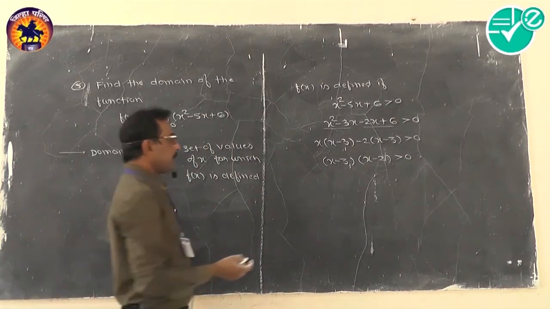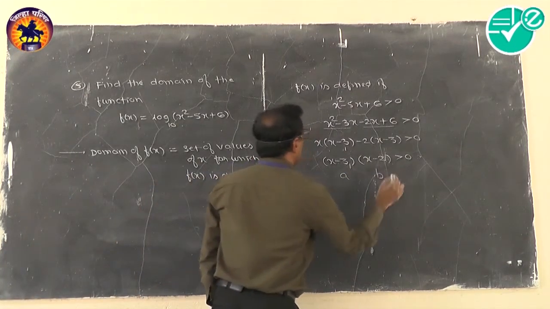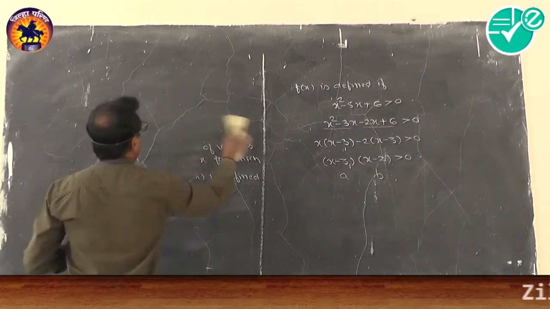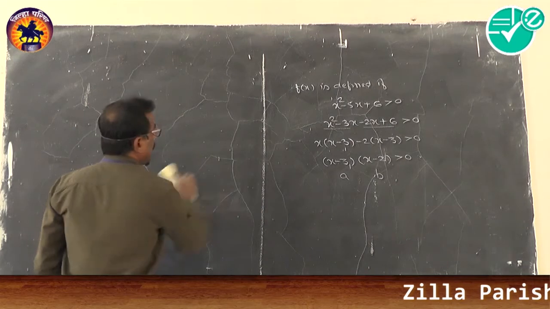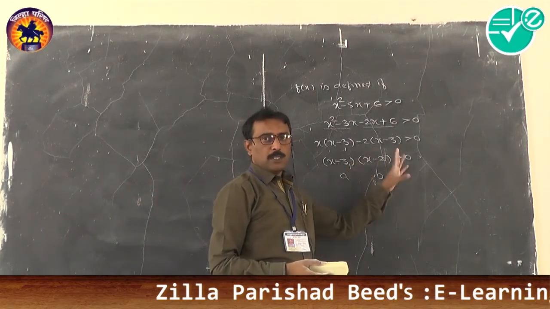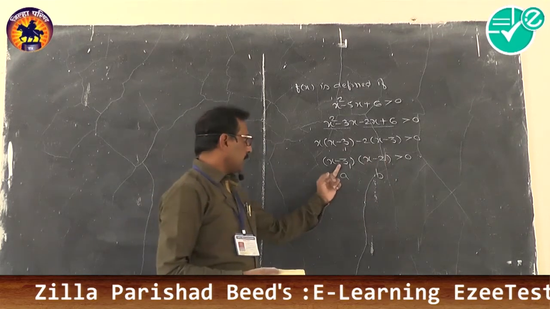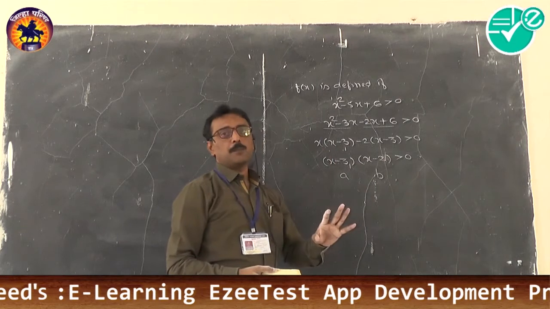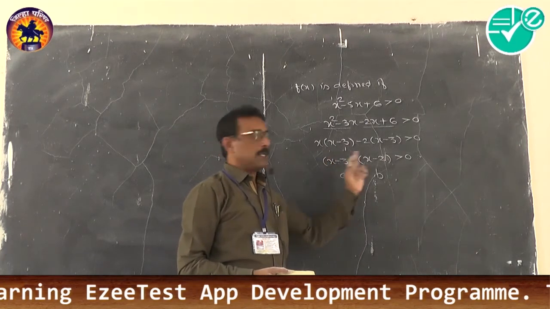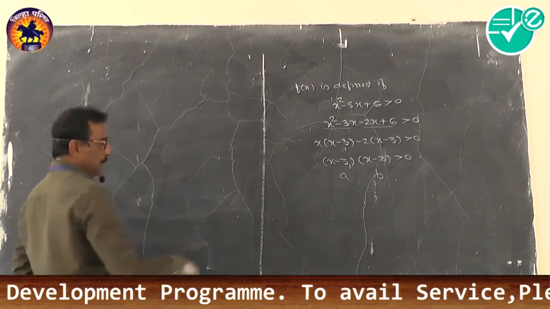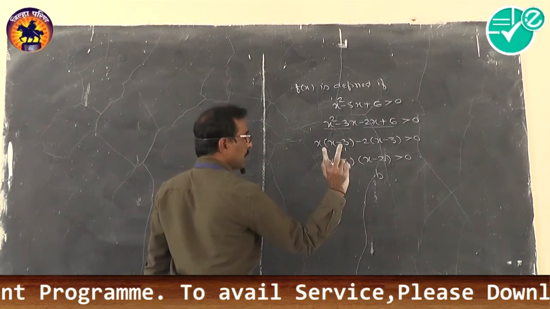Now here, if I take this a and this as b, then it is your primary duty when both are positive. Critical points are here 2 and 3. Critical points means these are the points where this total polynomial becomes 0. Critical points are x equal to 3 and x equal to 2. After that we are getting means 3 and 2, these are not allowed.